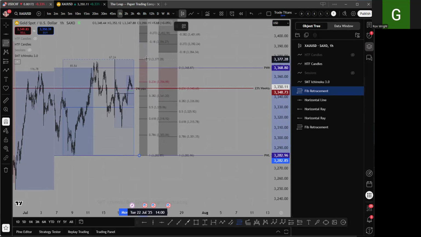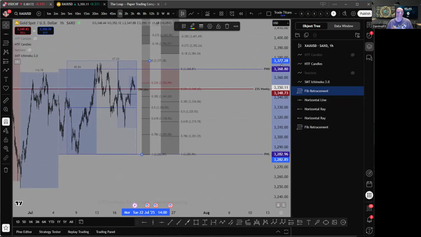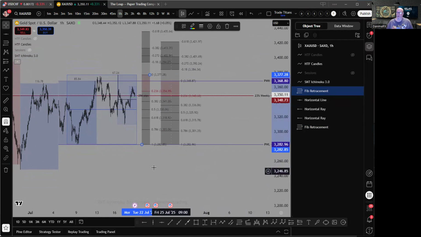If I fib the box, just think about this. Here I am fibbing the box because this is going to be our previous, I guess still, this is the 1 hour on our previous weekly. So this is the 1 hour. We haven't even started, and price is below the 236. Below the 236, but it's right at the 236 on the 4 hour.